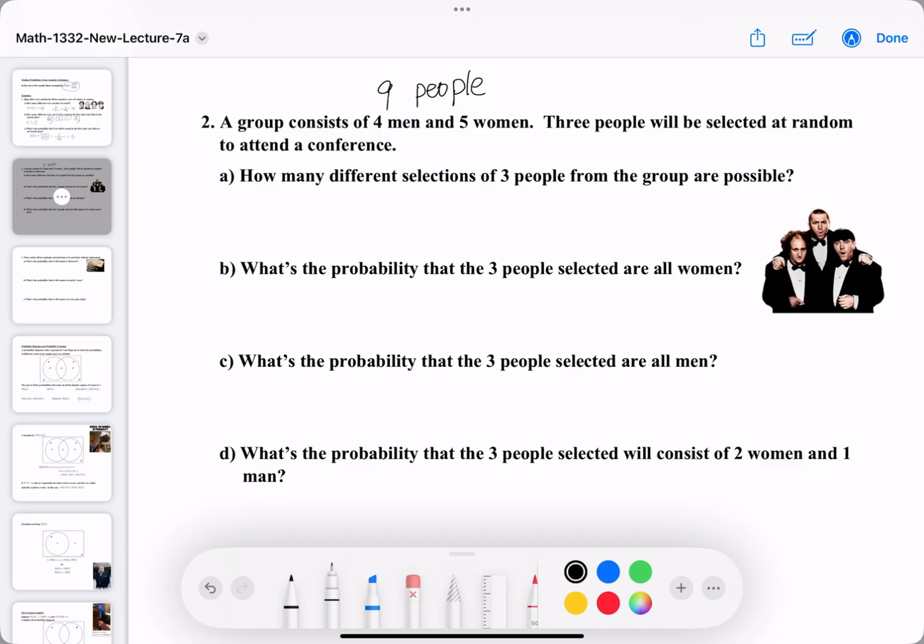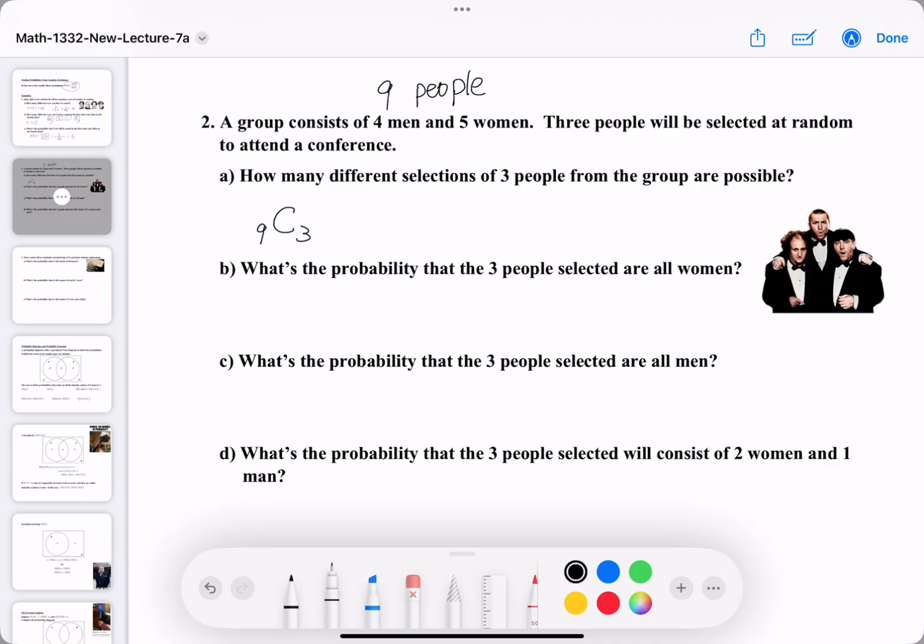So we are using 9C3. We choose 3 people from 9, the big group or the big sample space. We don't have to find the order, the different ways to be seated; we just randomly grab 3 people from the big pool.